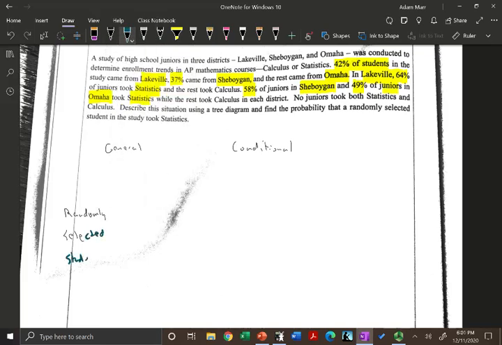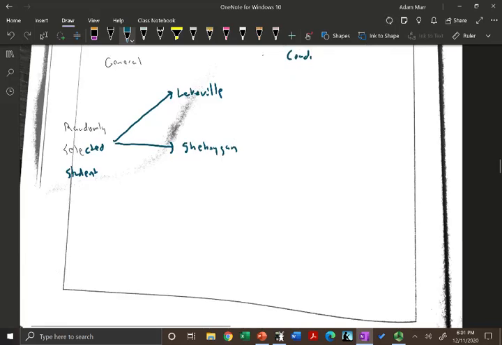All right, so we have 3 different districts right here. We had, first of all, Lakeville, and then the next one we have is Sheboygan, and the final one we had right here is Omaha.